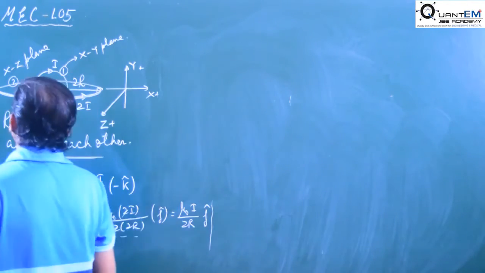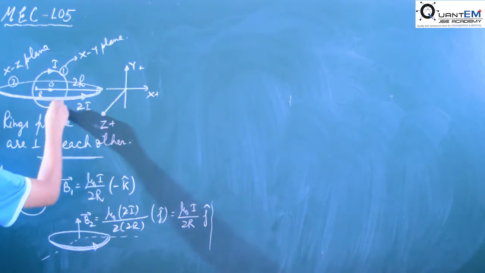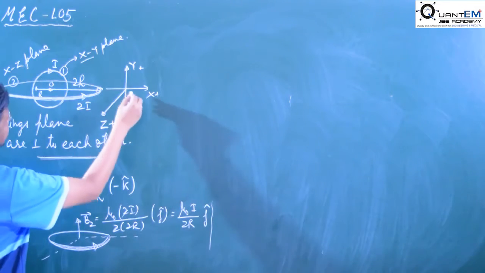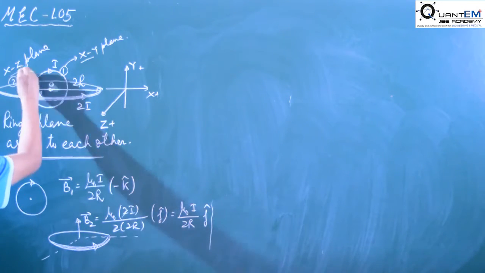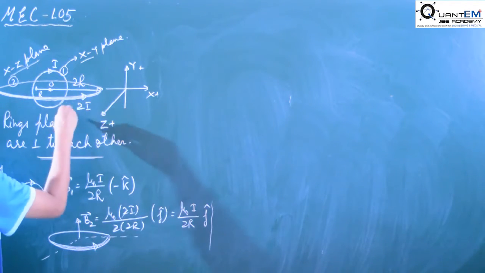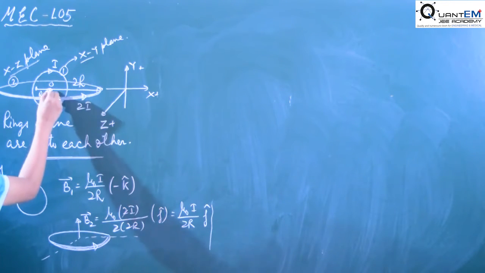Now we have two rings. One ring is in the xy plane, the first ring, and the second ring is in the xz plane. Thick line is for outside the plane of paper, thin is for inside the plane of paper. This one is in the plane, so we have to get magnetic field intensity at the common center.